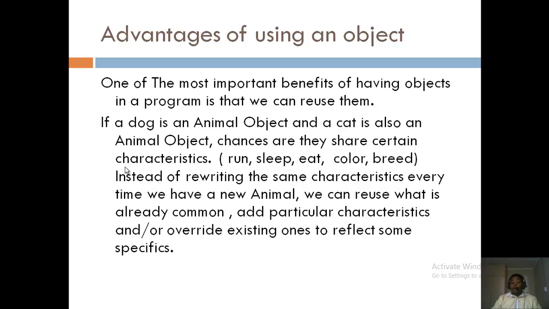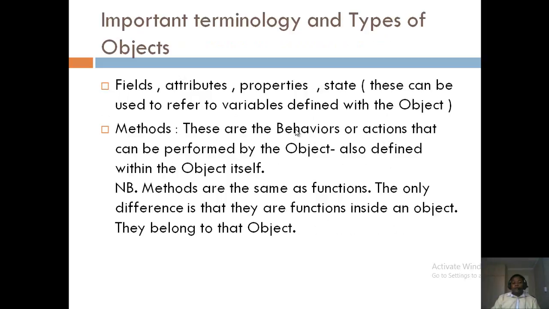We can also add particular characteristics to a new animal which is distinct from others, or we can even override existing characteristics just to reflect some specifics about the new dog, or the new cat, or the new monkey, or the new lion object. Whatever it is that we want to create, we can reuse the animal object that probably pre-existed in our program.